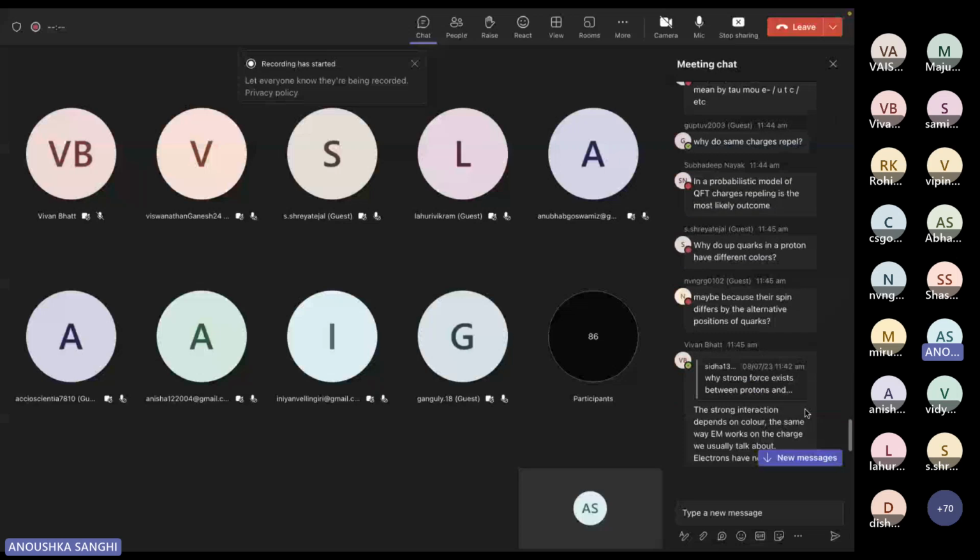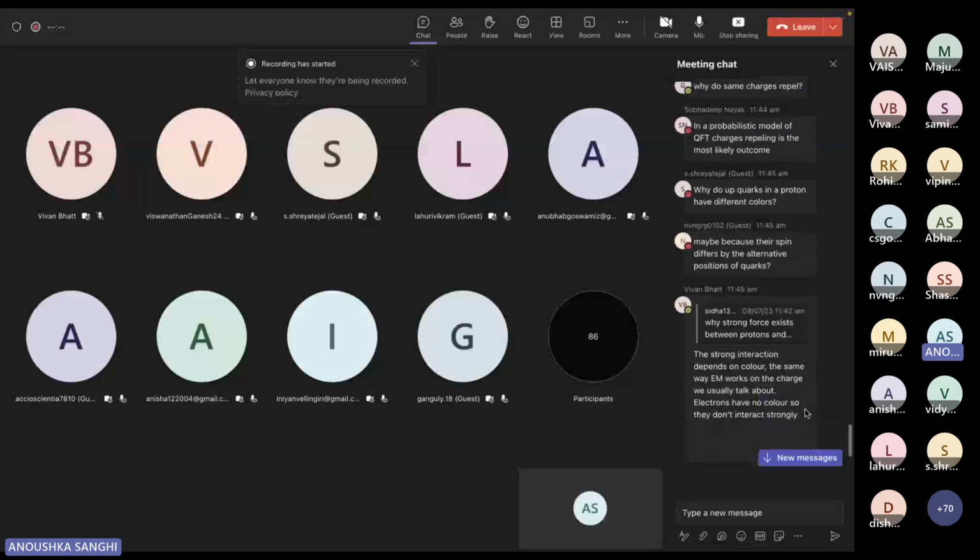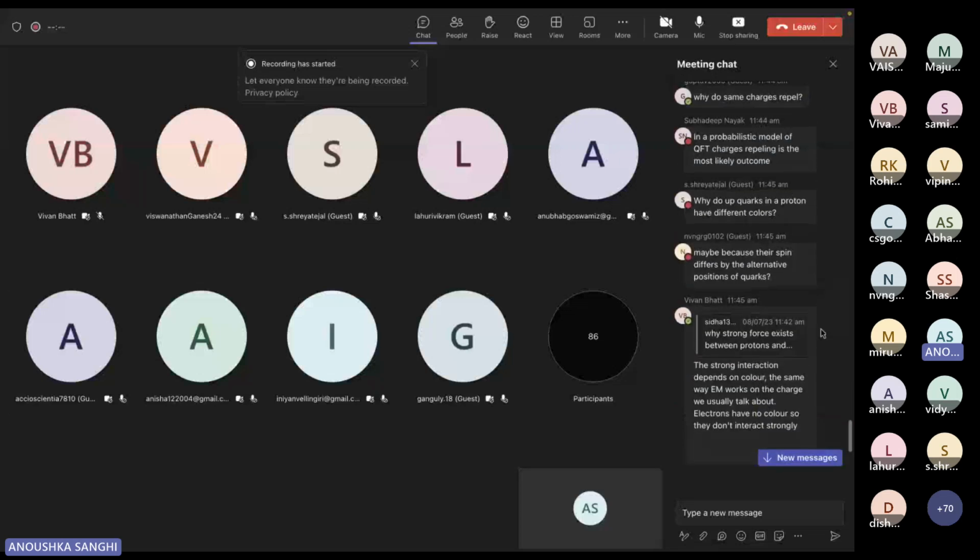Do the quarks in a proton have different colors? Well, up quark and down quark can be of any color, but RGB should dominate. It's a bit of a confusing concept.